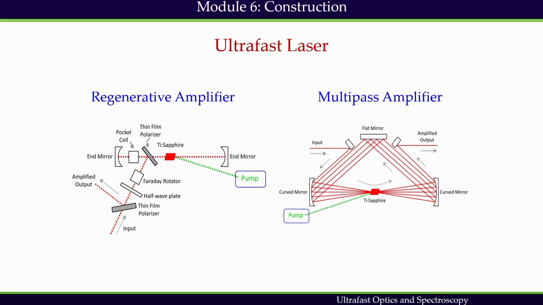Therefore, pulses with an energy greater than 1 joule can be extracted from a relatively small diameter sapphire rod, 1 centimeter by 1 centimeter it could be.